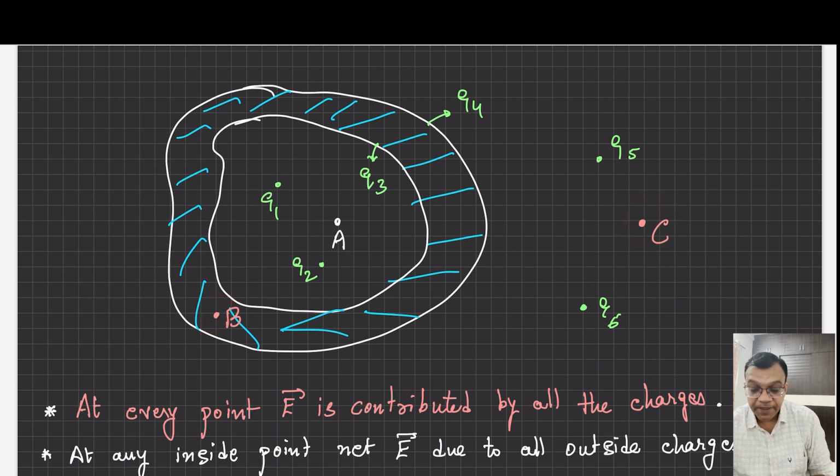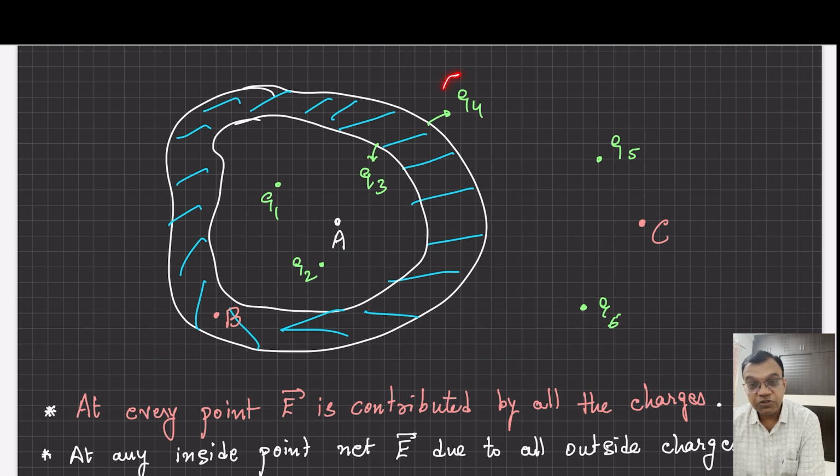Now you see, electric field intensity at point A due to Q1 is non-zero, due to Q2 non-zero, due to Q3 non-zero, due to Q4 non-zero, due to Q5 non-zero, due to Q6 non-zero. But electric field intensity at point A due to Q4 plus Q5 plus Q6 is 0. Understood?